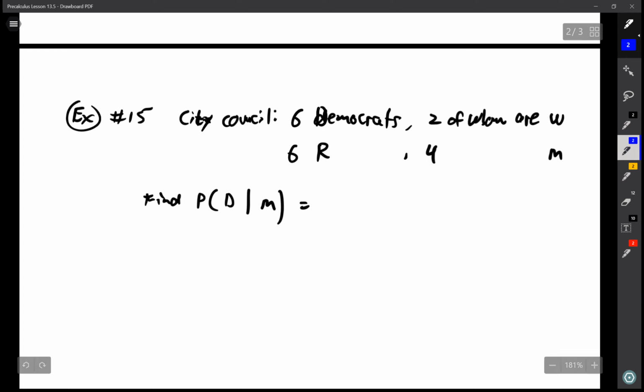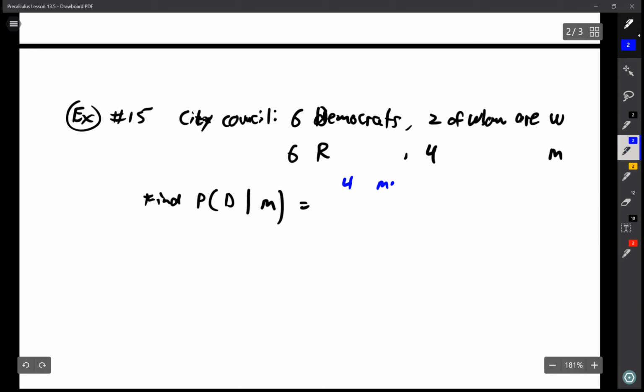So we want to find the probability of selecting a male Democrat. That would be our numerator, our P of A intersection B. We want to find the probability that both of these things are met. It's a Democrat and a man. So we need to see how many male Democrats there are. 2 of whom are women, so 4 male Democrats.